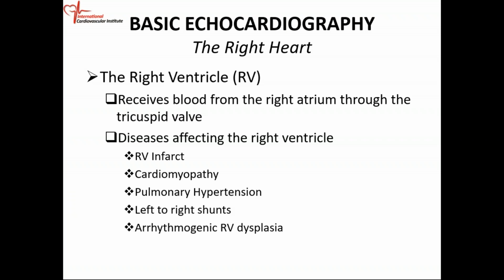So if we look at disease that affects the right ventricle, what you have to understand is that the right ventricle is not just a passive conduit, because if the right ventricle is not functioning properly, you cannot get blood to the left side of the heart.